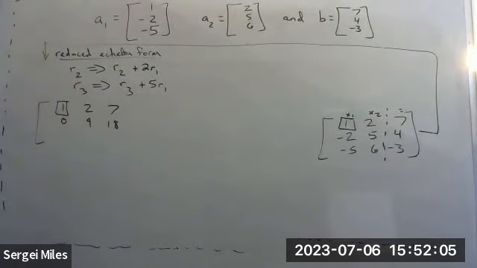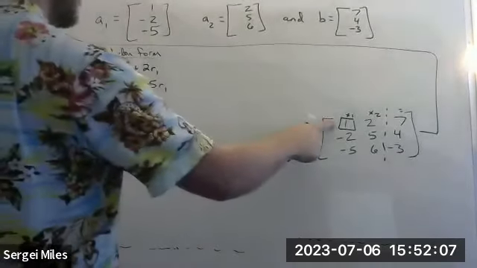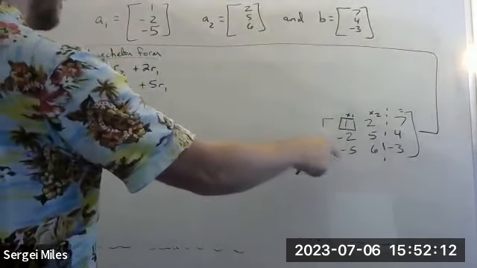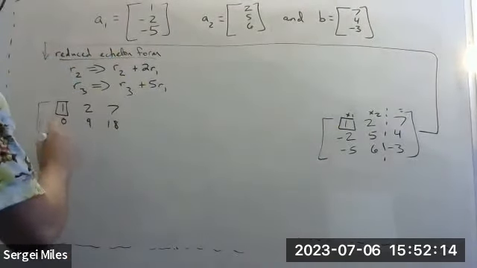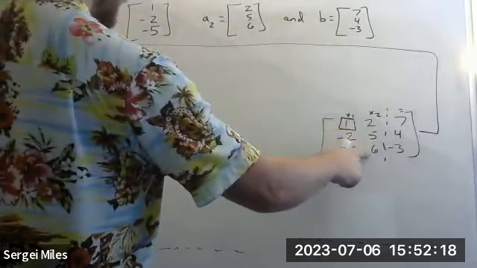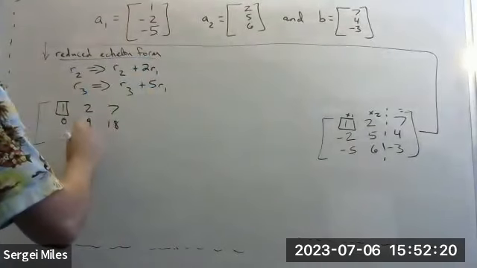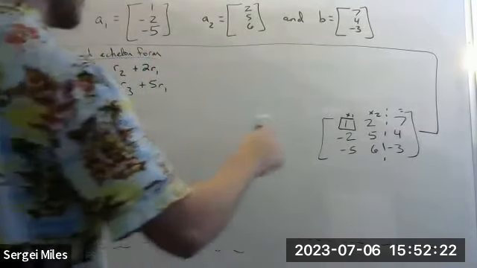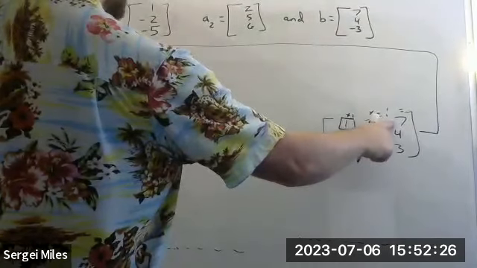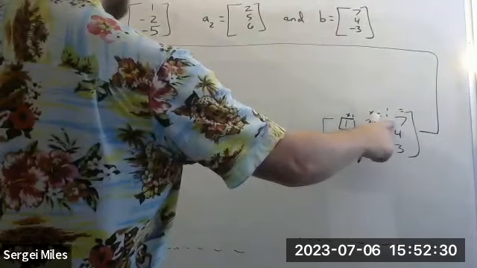Now what's my new row 3? I'm taking 5 times row 1 and adding it to row 3. 1 times 5 is 5. When I add, I get 0. 2 times 5 is 10. When I add, I'm going to get 17. 5 times 7 is 35, giving 32.